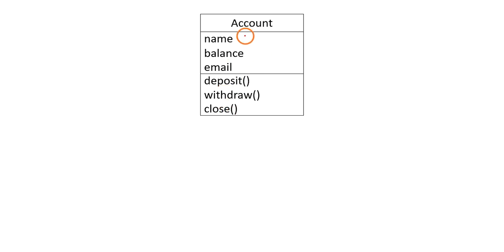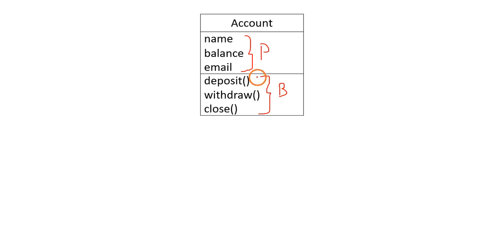So these three things are properties, and these three things are combinedly called the behavior of a class. There are three properties in the Account class, and there are three methods in the Account class.